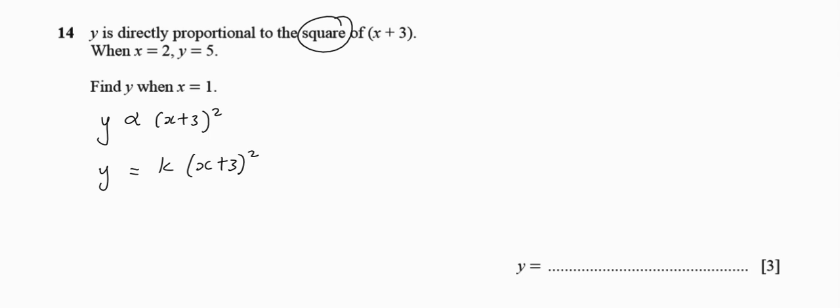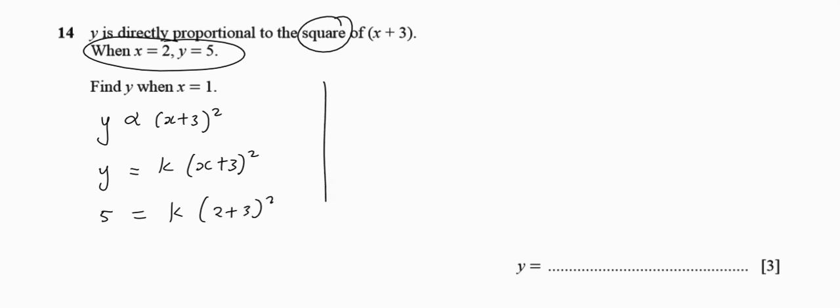Now from here, there's always a condition that we are given. This condition is the one that we use to find the value of k. So from here we are saying, when y is 5, x is 2, so we have 2 plus 3 squared. Then 5 is equal to k times 5 squared, which means 5 is equal to 25k.